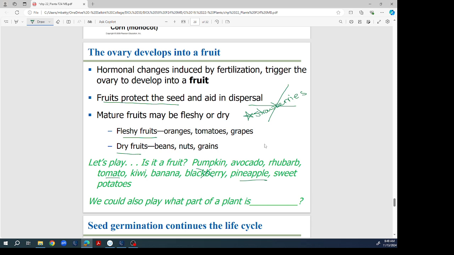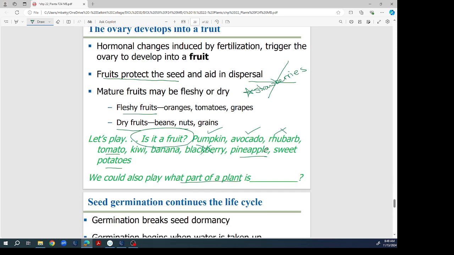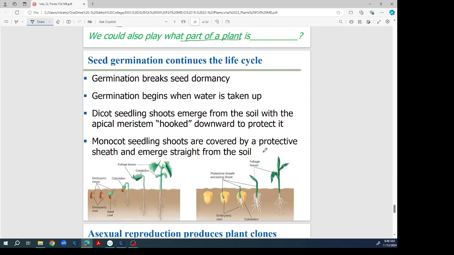Pineapples, sweet potatoes are not a fruit, even though they're very sweet. Pumpkin would be a fruit. Avocado. Rhubarb is not. That is a stem, even though we think of it as fruit. So this game of, is it a fruit, or what part of a plant is it, is a fun dinner game maybe for biology lovers in the group.